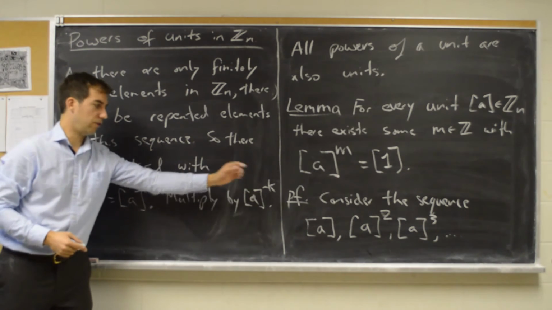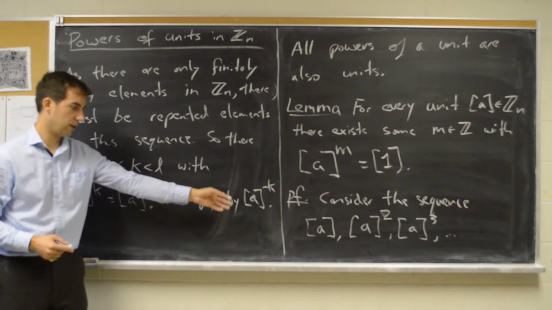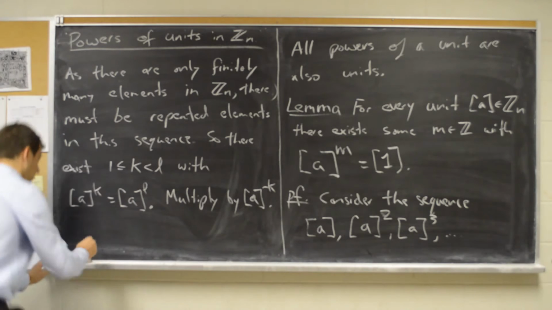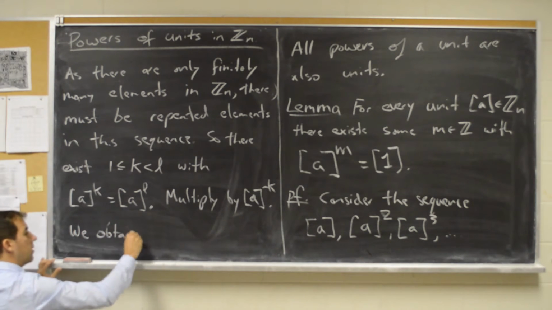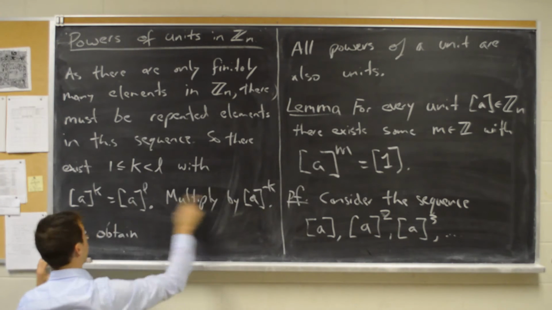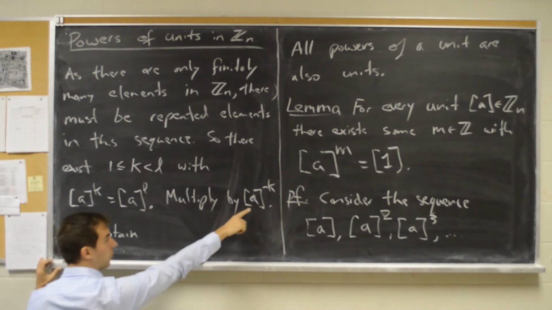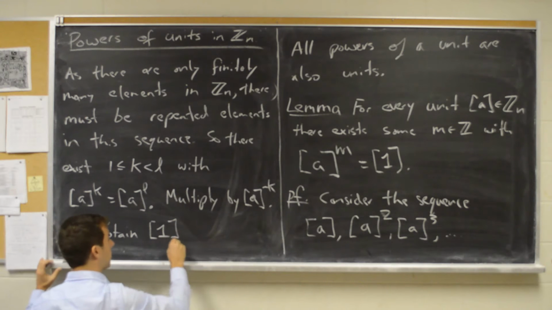Take that inverse and raise it to the kth power, and that's what I mean by a to the minus k. And you'll realize that this is actually an inverse for a to the k. So what do we get? Multiplying through, that's an inverse for this. This is a multiplied by itself k times. This is the inverse k times. They'll cancel each other to give you just the identity back.